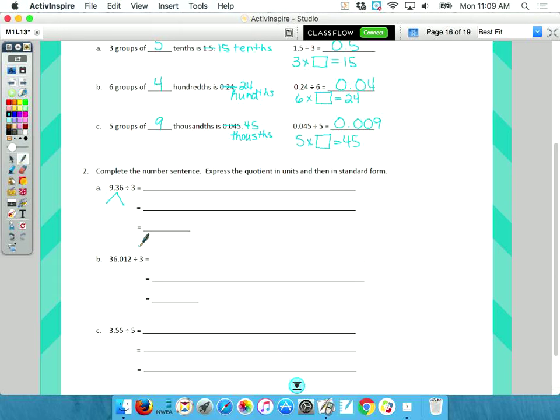So I don't want to pull out 93 tenths because I can't do that in my head yet. Well, I think you could, but what makes more sense? 9 and 36. Yeah, let's divide it between the 9 and the 36. 9 ones divided by 3. Put that in parentheses.